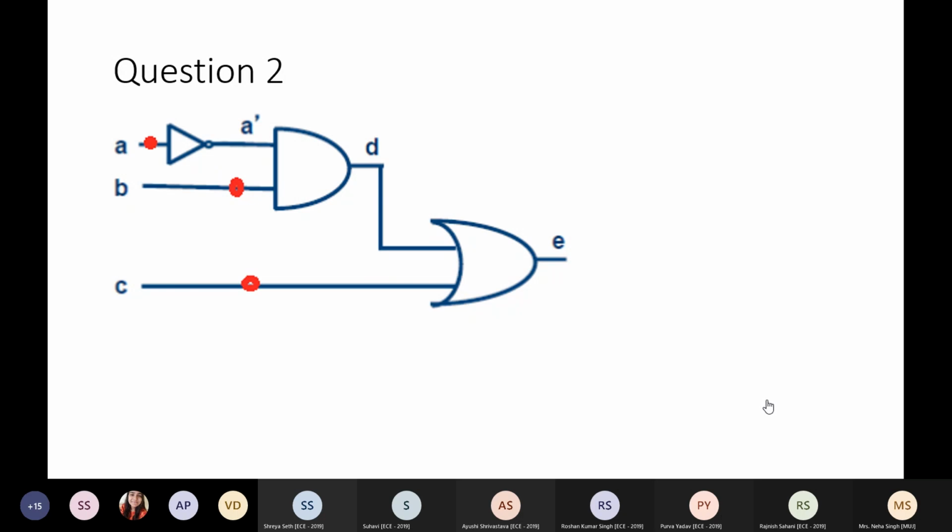Yes, ma'am. Okay. So look at the second question from your assignment. It asks you to find the test pattern when there exists a bridging fault.